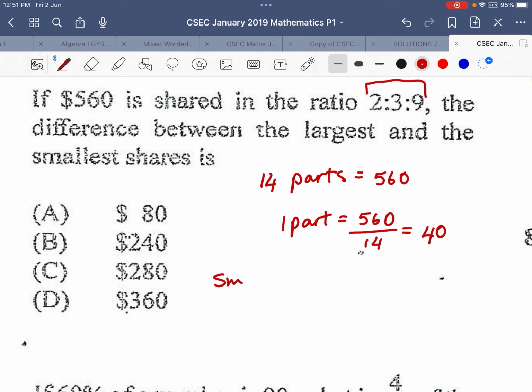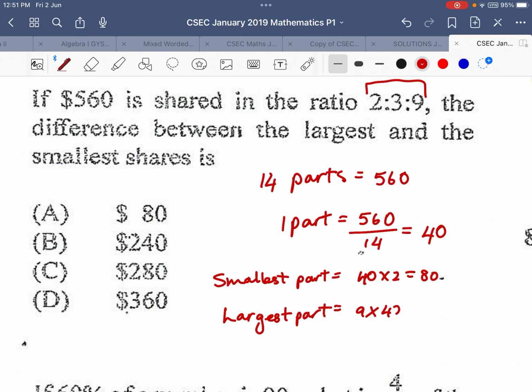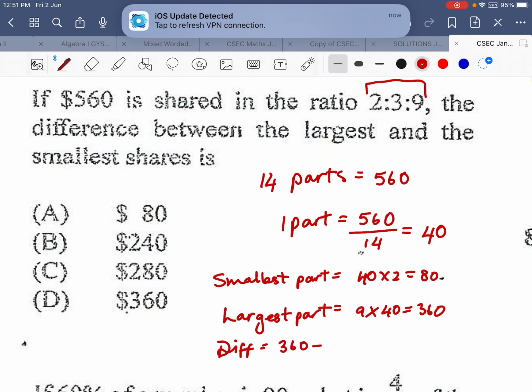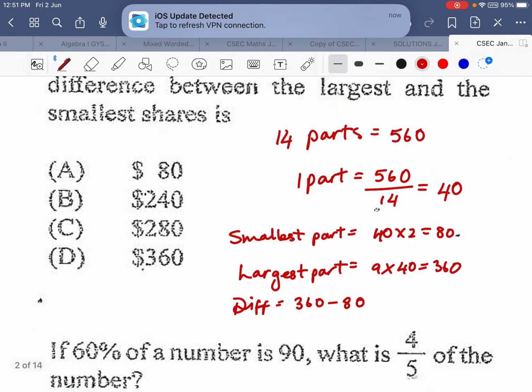So the smallest part is going to be equal to 40 times 2, which is 80. The largest part is 9 times 40, which is 360. So then the difference would be 360 minus 80.